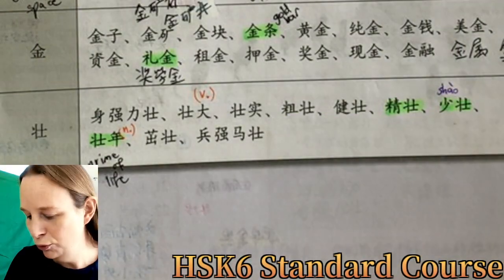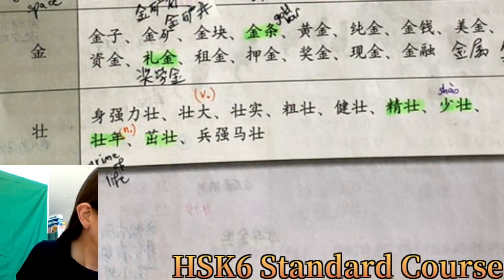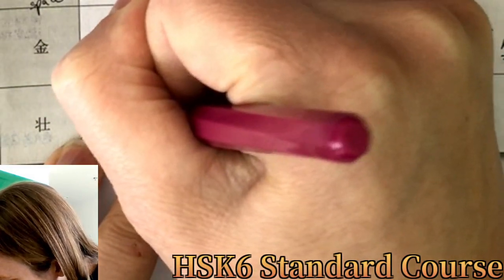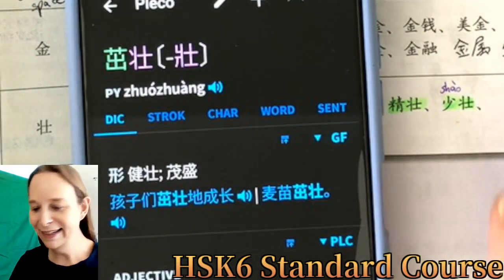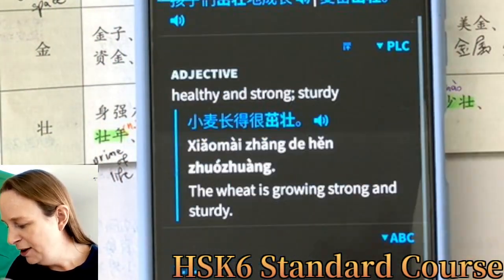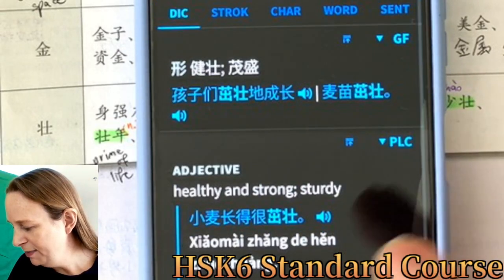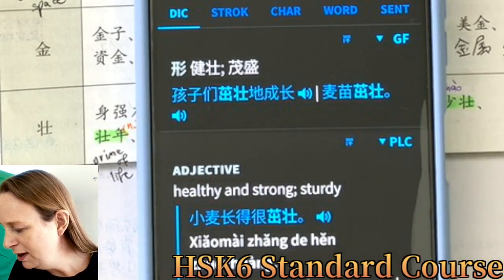But 茁壮. 茁. So I know this character exists, and that's about it. 茁壮, it is an adjective. 小麦长得很茁壮. Okay, so this is not describing people. 孩子们茁壮地成长.